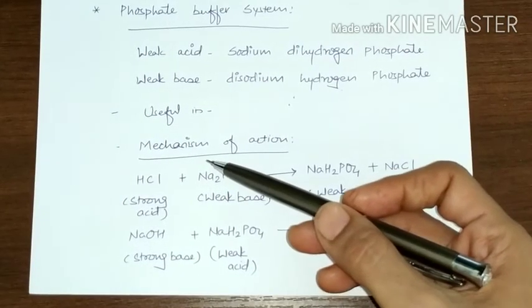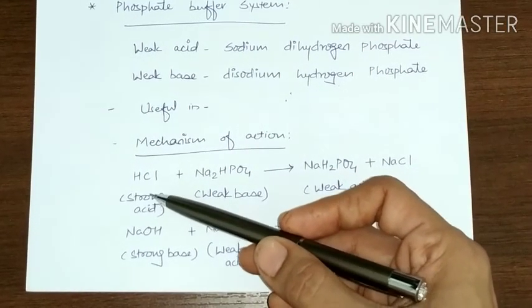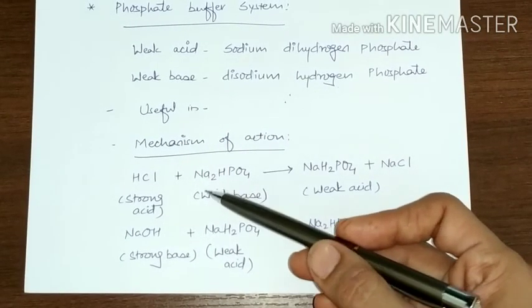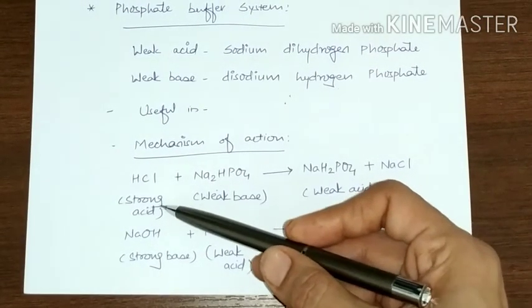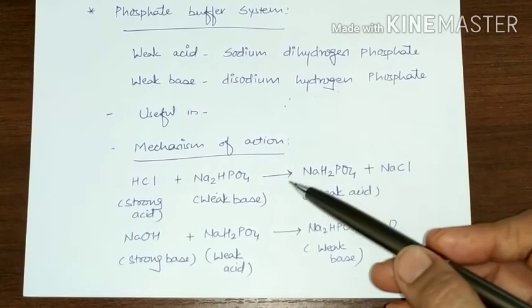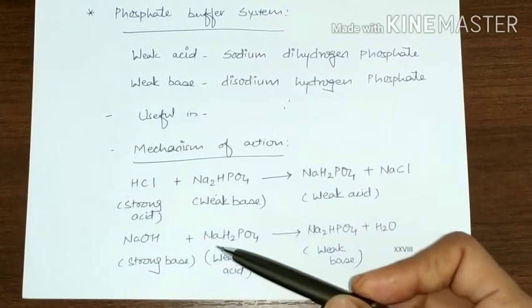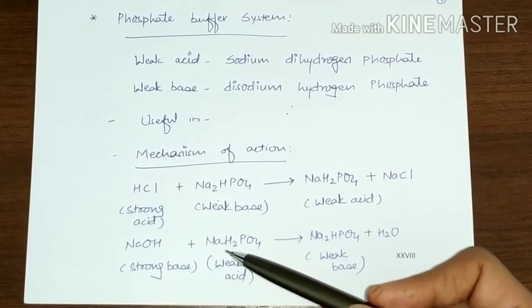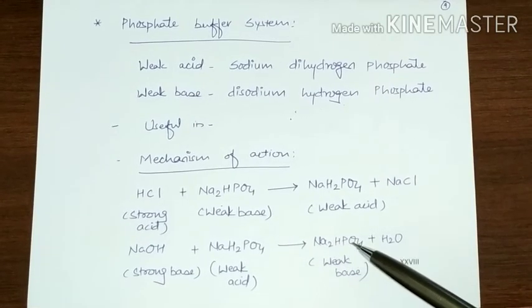Mechanism of action: when a strong acid is added in the body fluid, it combines with the weak base, disodium hydrogen phosphate, and is converted into a weak acid, sodium dihydrogen phosphate. Same way, when a strong base is added, it combines with the weak acid, NaH2PO4, sodium dihydrogen phosphate, and forms a weak base, disodium hydrogen phosphate.